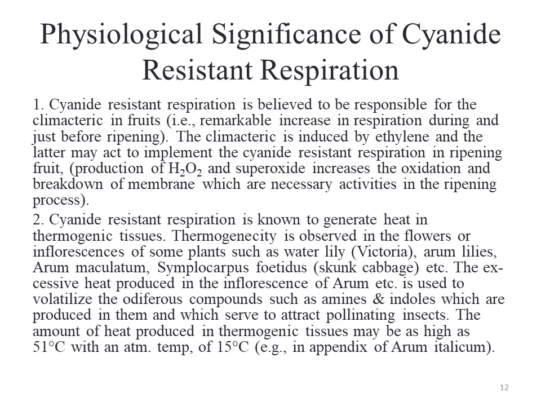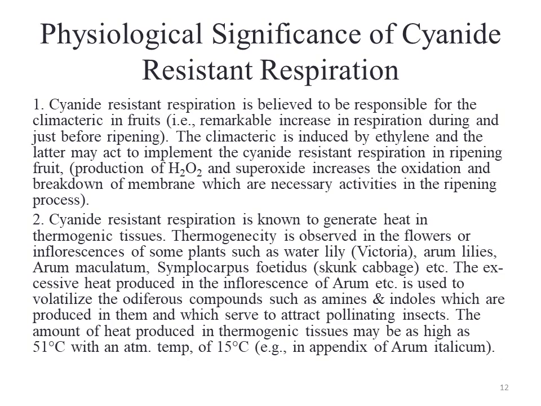Cyanide resistant respiration is known to generate heat in thermogenic tissues. Thermogenicity is observed in the flowers or inflorescence of some plants, such as water lily, arum lilies, and others.